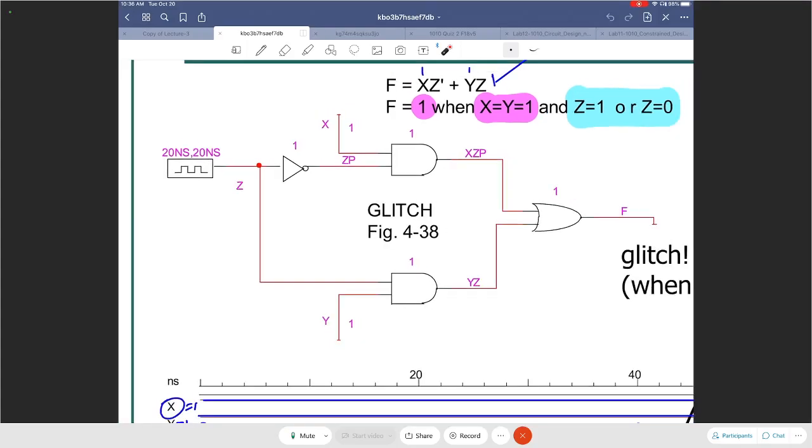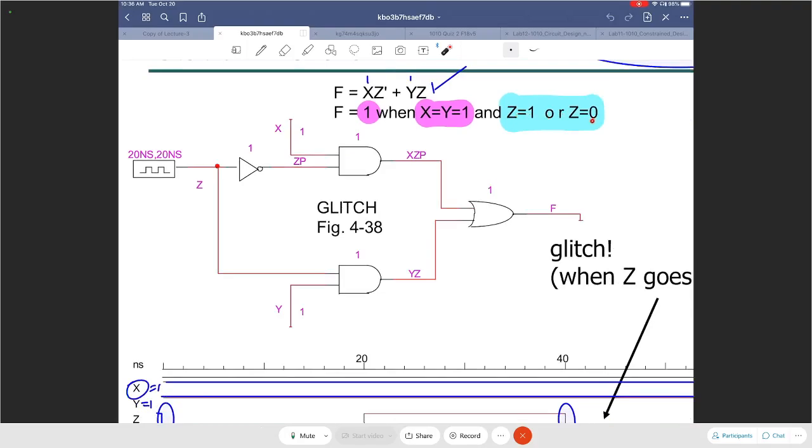So for example, over here, no matter what Z is, as long as I hold X and Y to 1, F should be 1. So when I say input change, I mean this, right? No matter what Z is, 0 or 1, as long as I do not change X or Y, F should be 1. So if I keep changing Z, changing the input Z, do I get an unexpected output or not?